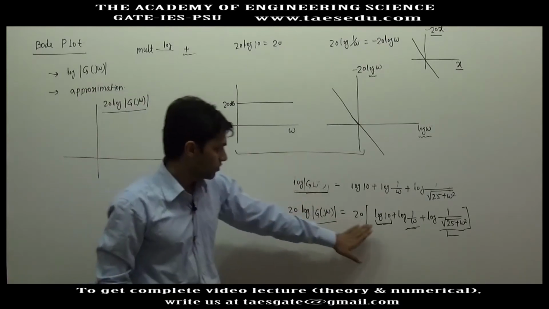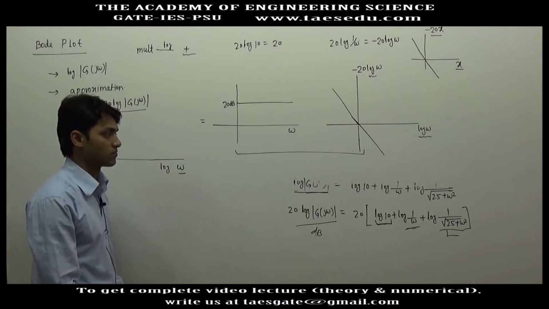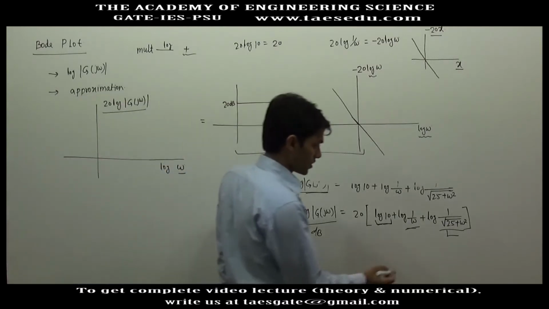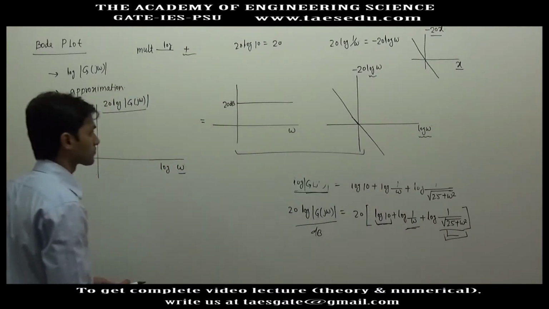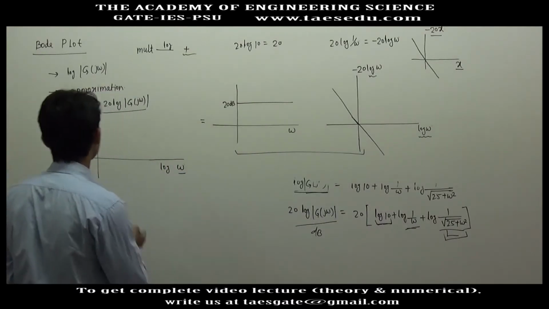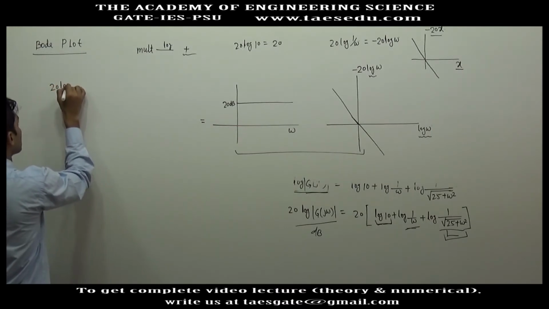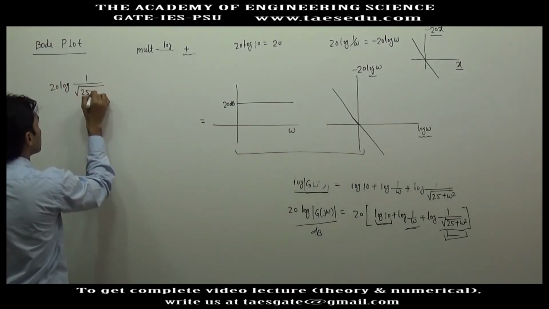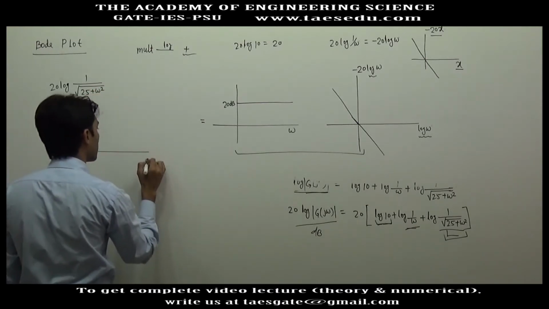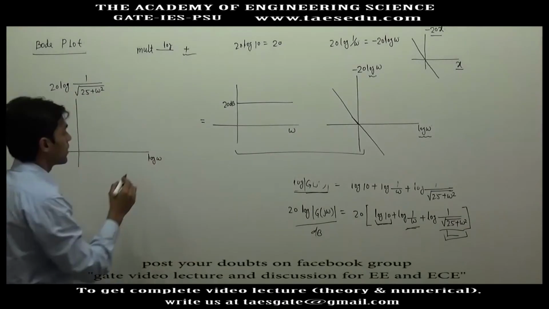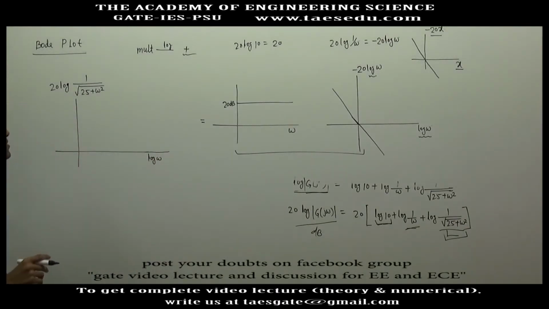For plotting graph of these two terms, I did not use any approximation, but for plotting of this graph we will use approximation here. So in the third graph we have to plot 20 log 1 upon root under 25 plus ω square versus log ω, and in Bode plot we use approximations.